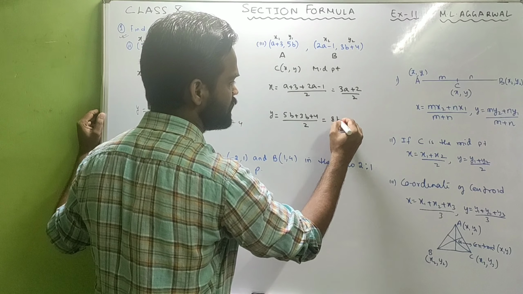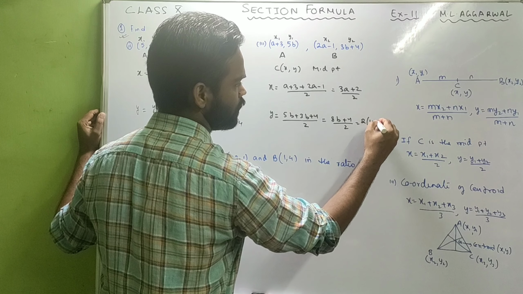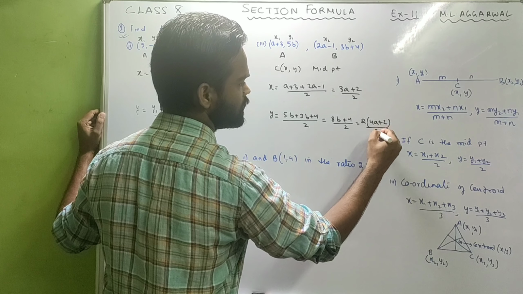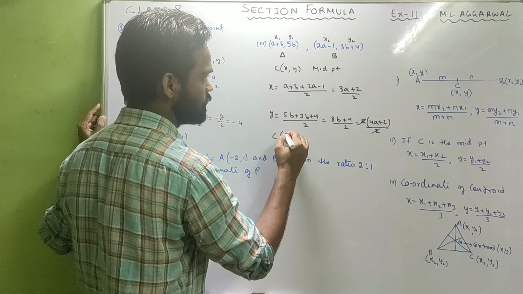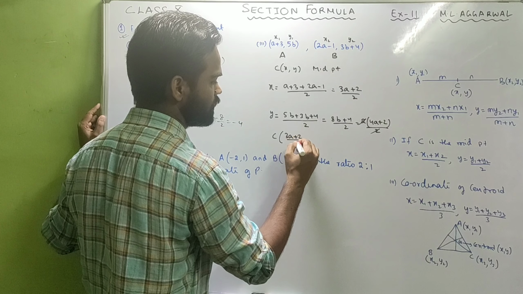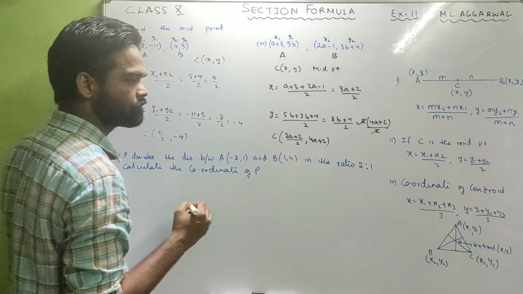That's (8b + 4) by 2. 2 taken common, so 4b + 2. So the coordinate of the midpoint is ((3a + 2)/2, 4b + 2).